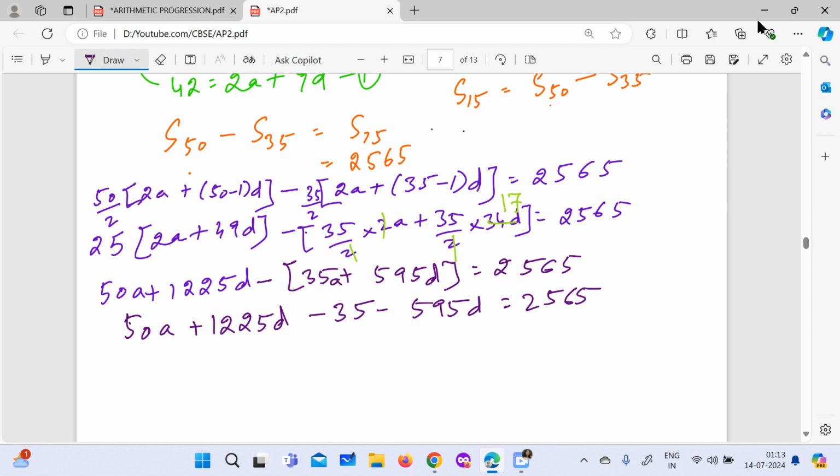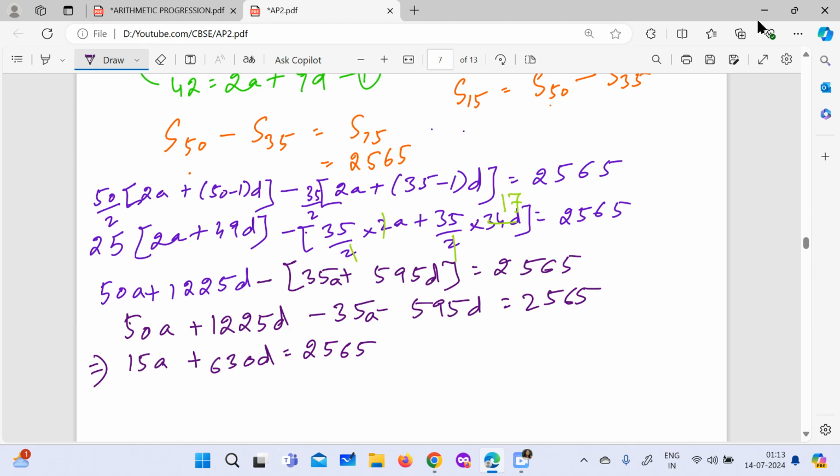So what we can do now is 50a minus 35a, that will be 15a, and 1225d minus 595d will be 630d, which will be equal to 2565.